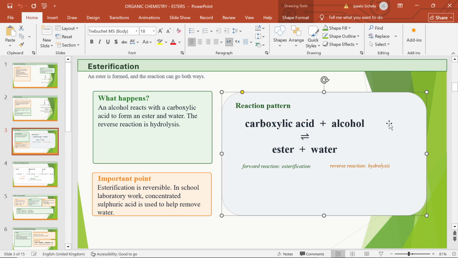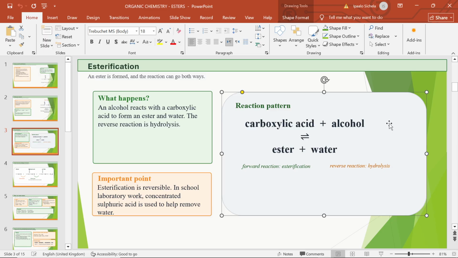So esterification is reversible. This is why when you want to prepare an ester in the laboratory, when you react a carboxylic acid and an alcohol, you form an ester and water. In order to prevent the reverse reaction of esterification, you add concentrated sulfuric acid so that the concentrated sulfuric acid absorbs all the water.